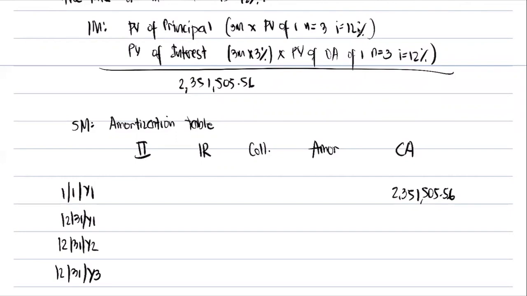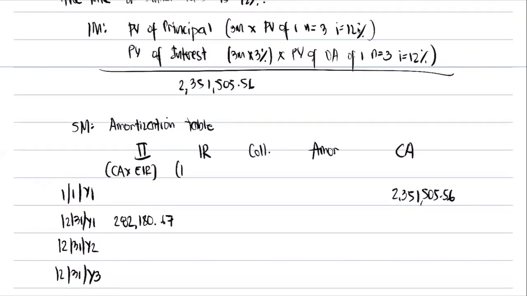On December 31, year 1, of course, we will have an interest income. The interest income, again, is equal to your carrying amount multiplied by your effective interest rate. So 3,051,505.56 multiplied by 12% will give us 366,180.67. Our interest received is only equal to your principal times your stated rate. So 3 million times 3% will give us 90,000.